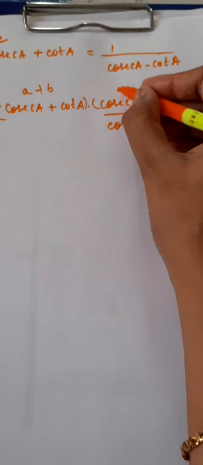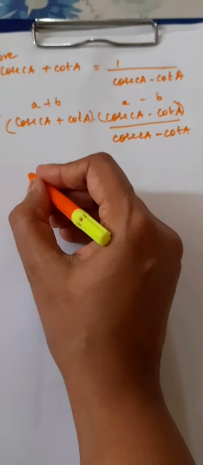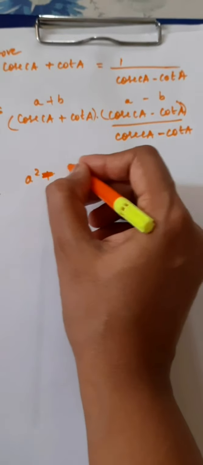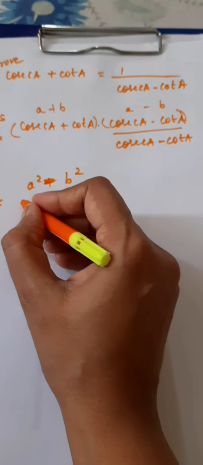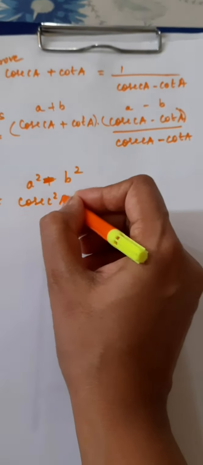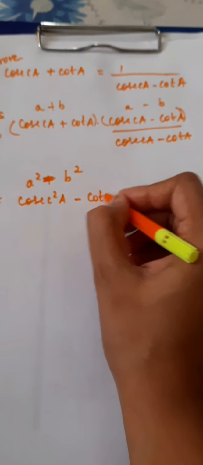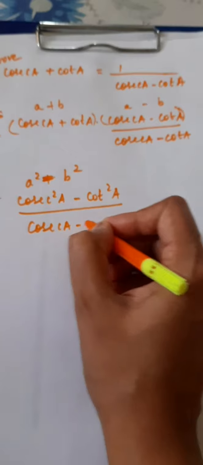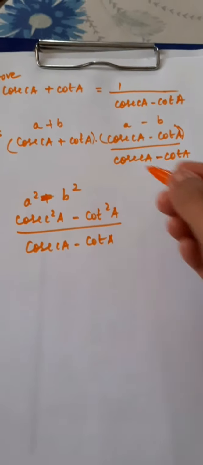Cosecant is A and cot is B. So cosecant square A minus cot square A divided by cosecant A minus cot A. And the numerator can be written as 1 as per Pythagorean identity.